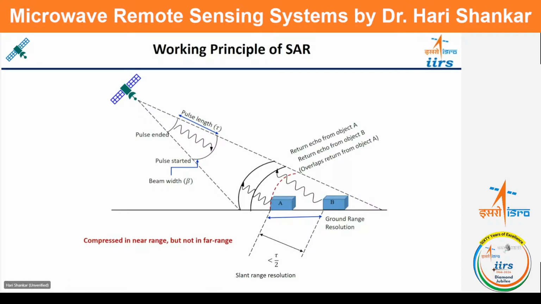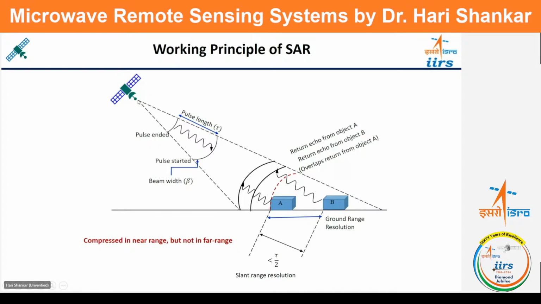The signal is just like a beam, covering just like a torch. As the distance increases, it moves towards this side and this side. So the overall coverage of this radar signal on the Earth surface is from here to here. So you can say a very large coverage on the Earth surface is there.